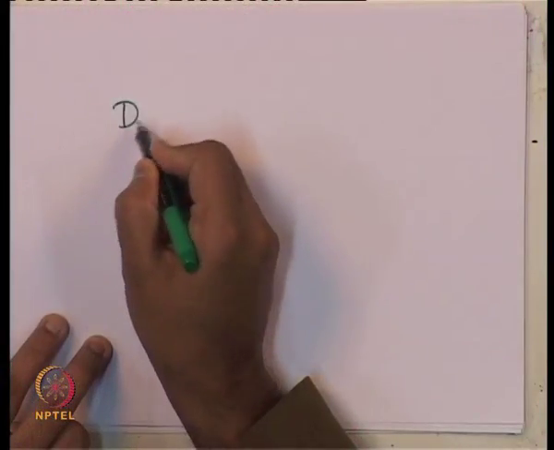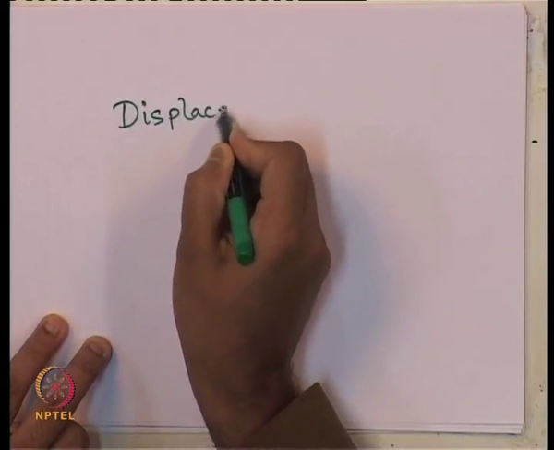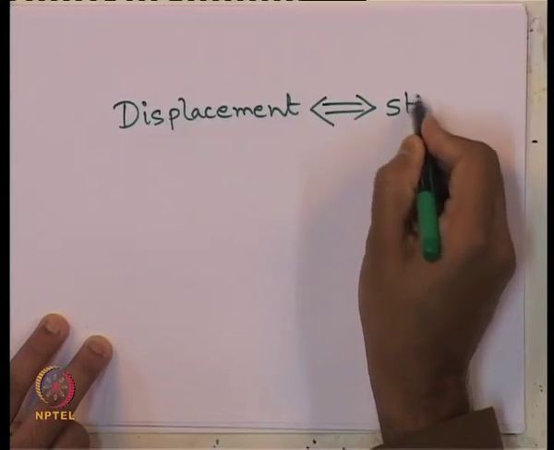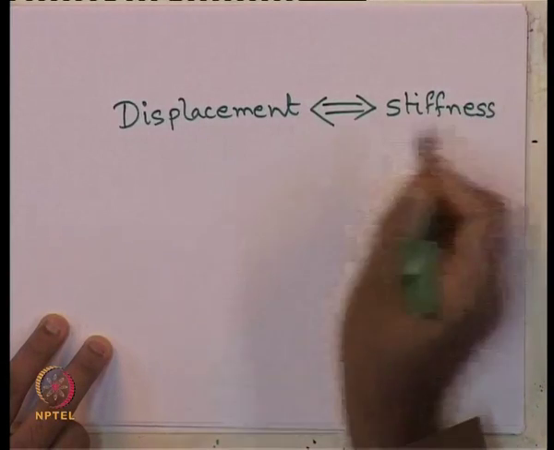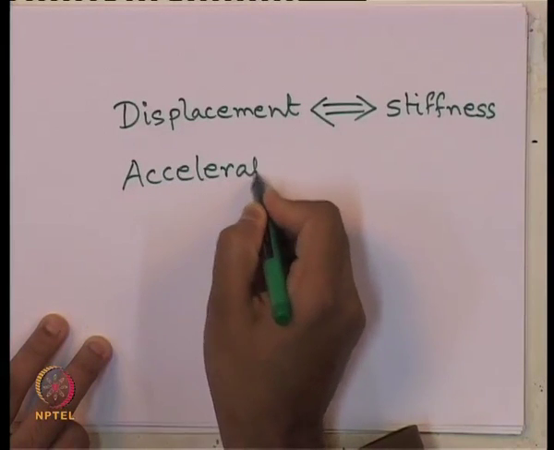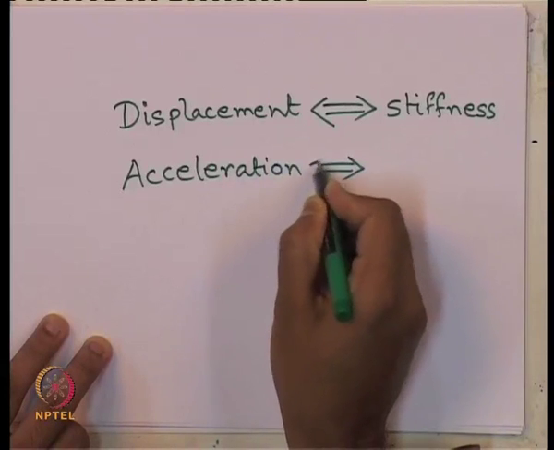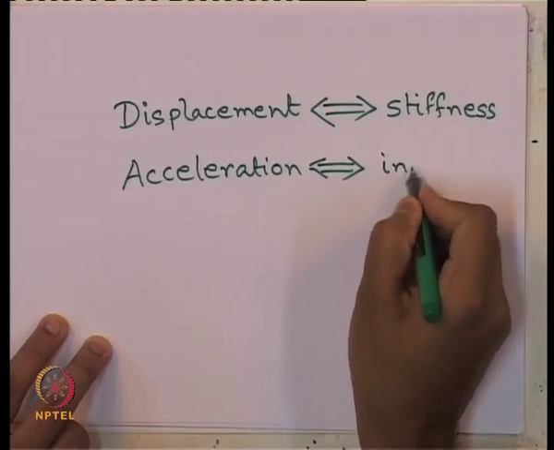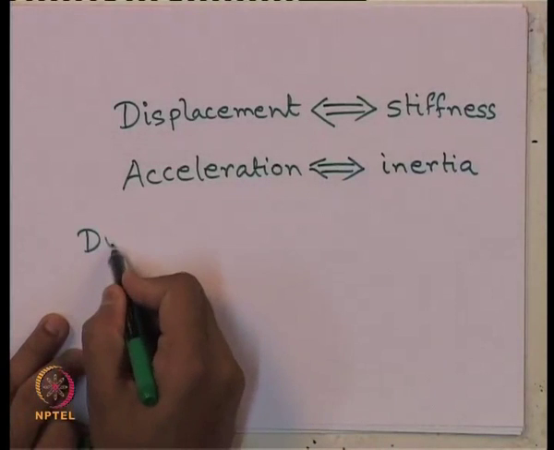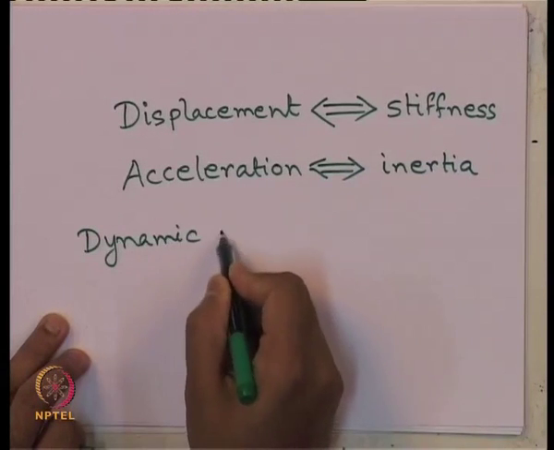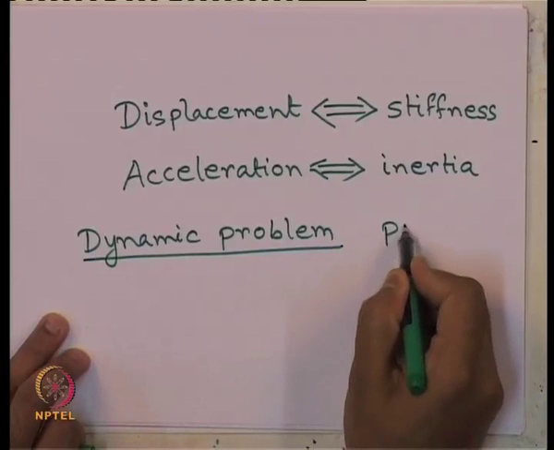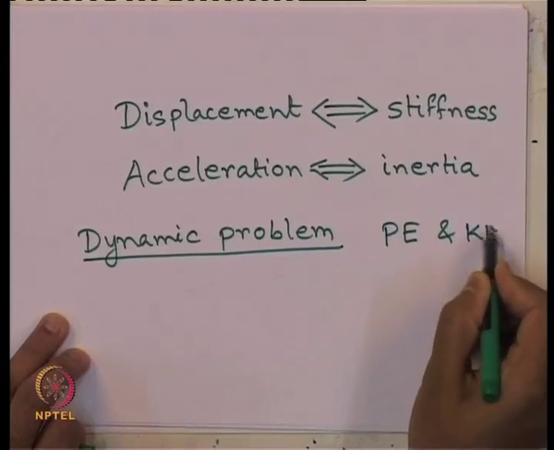So, the displacement is related to the stiffness of the material and acceleration is related to inertia of the body during any dynamic problem we are considering, where potential energy and kinetic energy are involved.